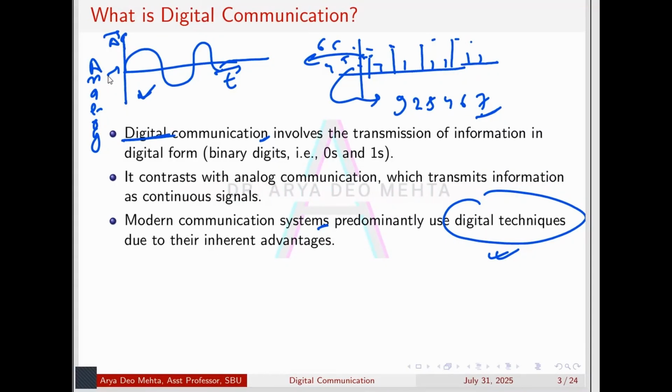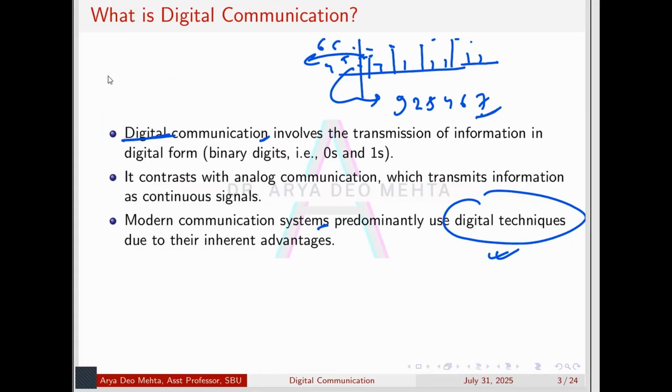In general, all information at the original, natural level was analog. Most kinds of signals and waveforms naturally are all analog.